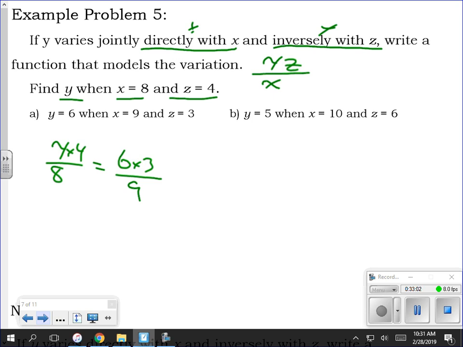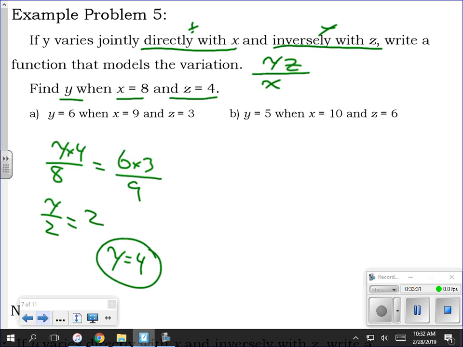So this reduces, so I get y over 2 equals, and this reduces too. 6 times 3 is 18 divided by 9 is 2. Y over 2 equals 2. So y equals 4. Multiply both sides, whatever. Y equals 4.